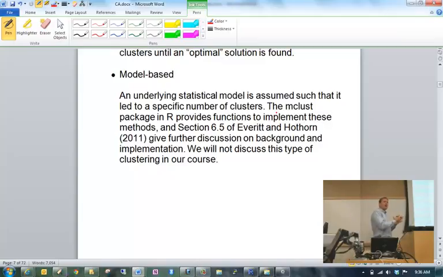And based upon this model structure, you're able to then come up with particular clusters of your observations. I will not discuss this particular approach. You are starting now to see this come out in multivariate books. In particular, Everett and Hawthorne dedicate one small section to it.